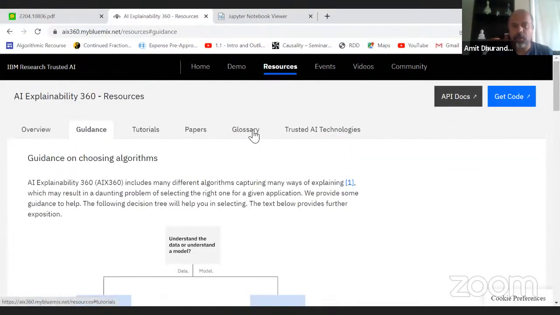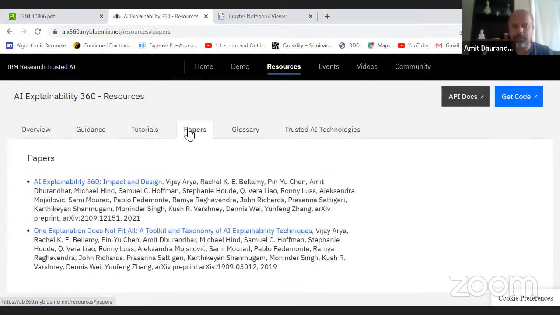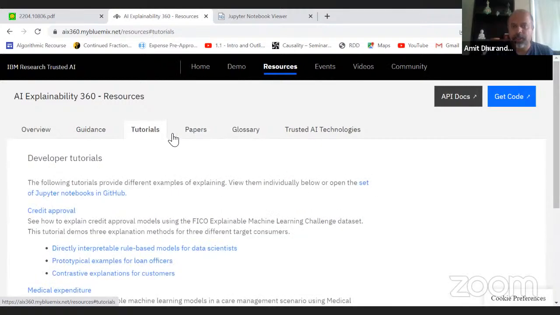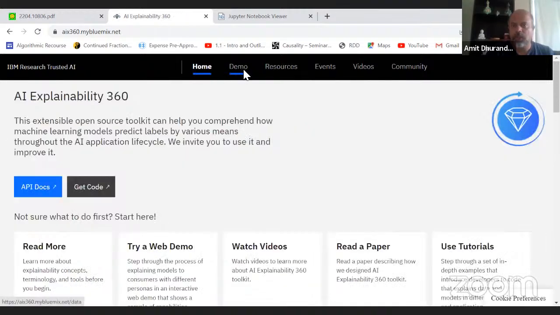And then a glossary of common terms used in this space, also papers that have led to this toolkit, and then tutorial notebooks. I'll actually take you through one of them quickly so that everyone can have an idea. These are basically Jupyter notebooks that, once you install the toolkit, will be available to you and you can play along with them for different kinds of use cases. There's also a Slack community in case people want to join and have questions.